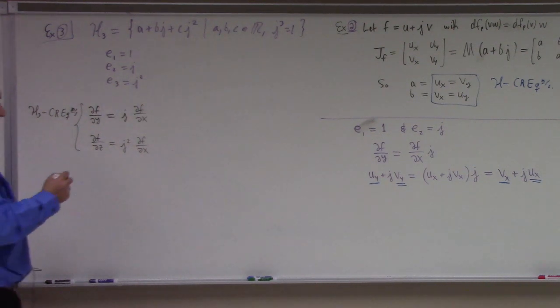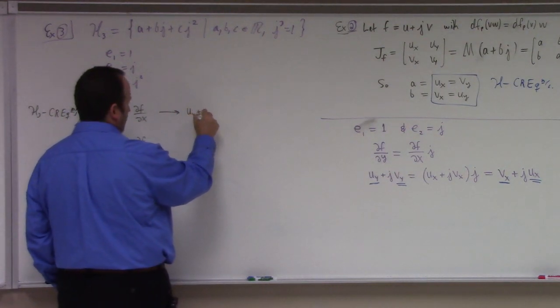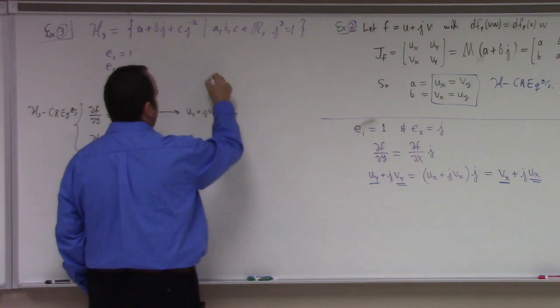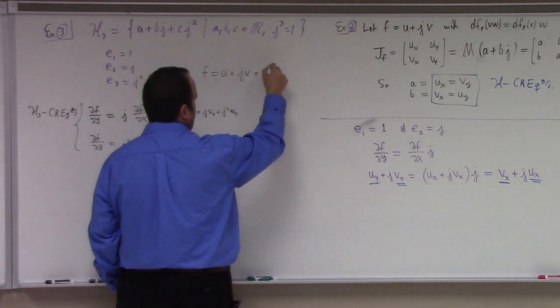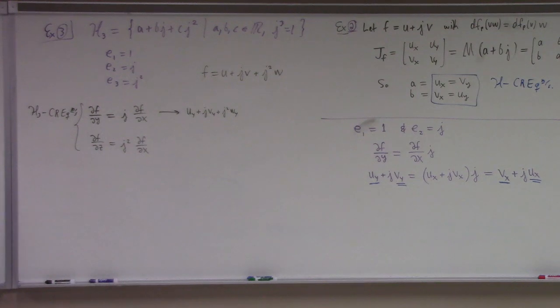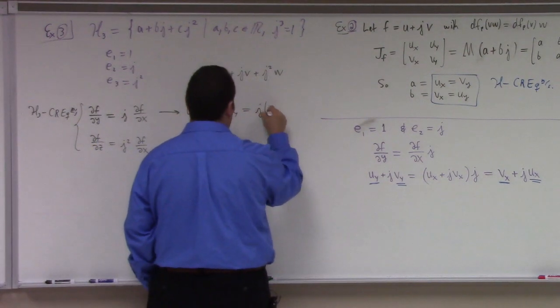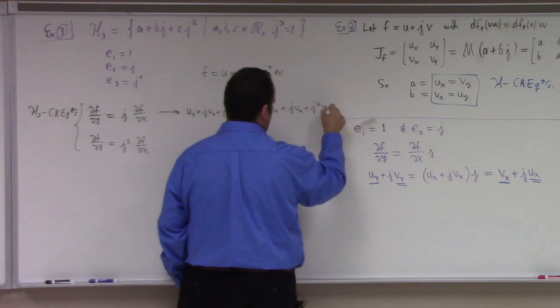In components, this looks like uy plus jvy plus j squared wy. Here I'm letting f equal u plus jv plus j squared w, like I did in your homework. That nomenclature again. The partial derivative of f with respect to y is uy plus jvy plus j squared wy, and that would be equal to j times ux plus jvx plus j squared wx.